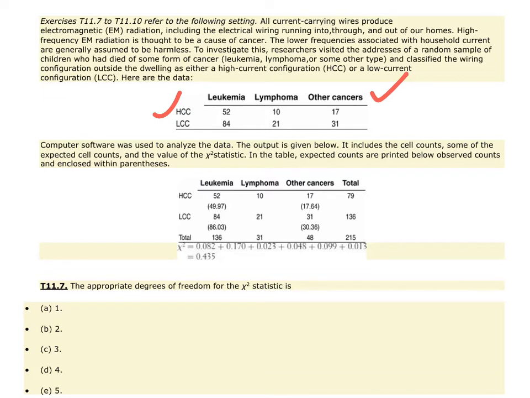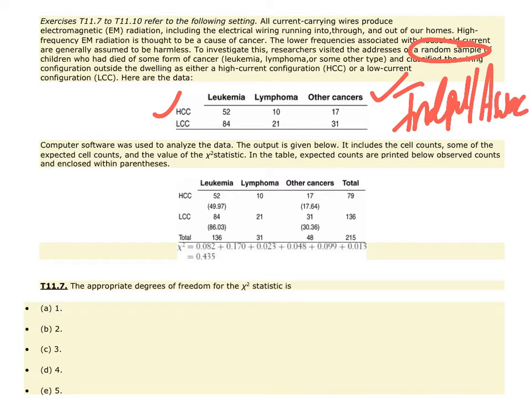Independence is one sample in 2 variables. So again, it says here they took one sample out there in our write-up, which is going to be right there. So it is one sample, and it's 2 variables. So this is either independence or association. It would not be homogeneity, because homogeneity is 2 or more samples in one variable. This was just one sample.